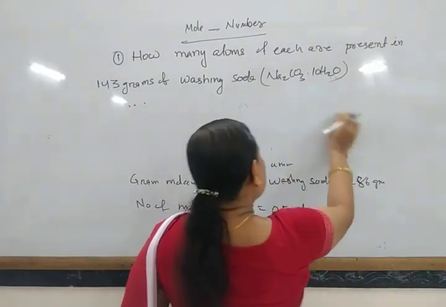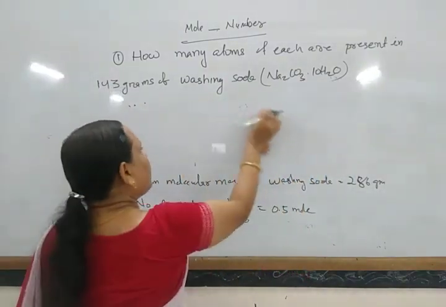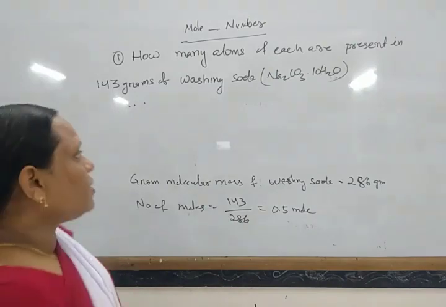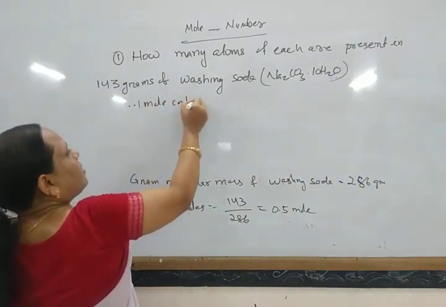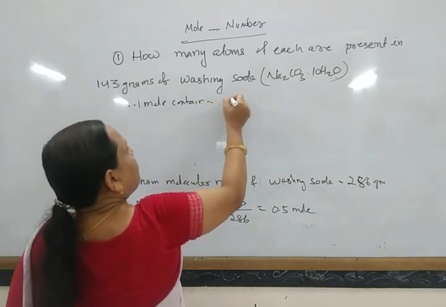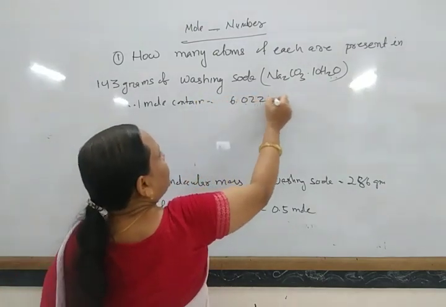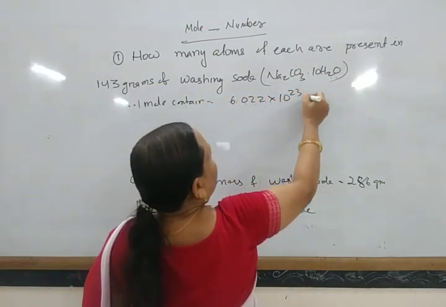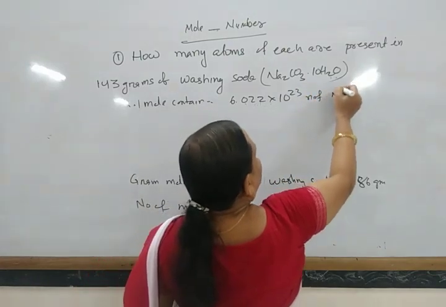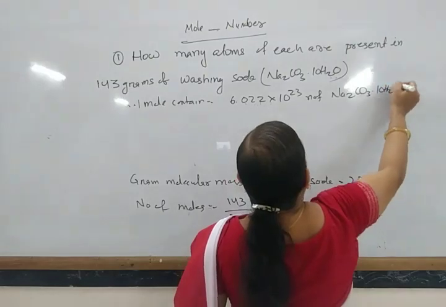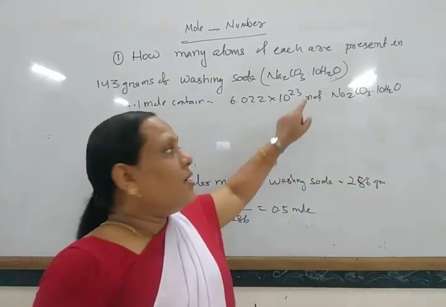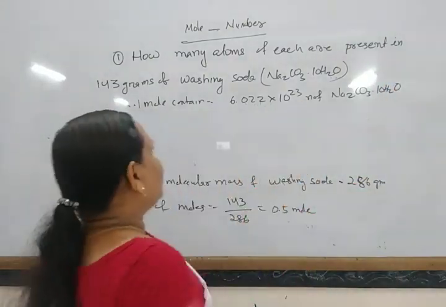Again 1 mole contains 6.022 × 10^23 number of Na2CO3·10H2O washing soda molecules.